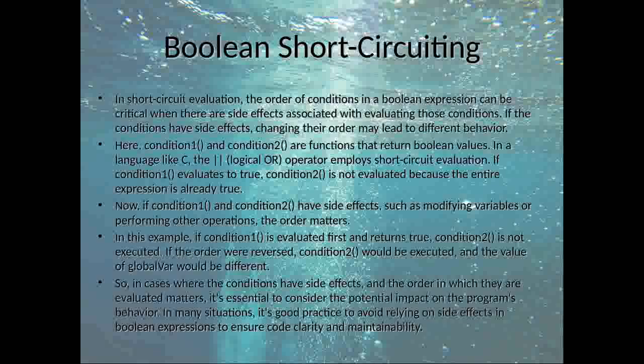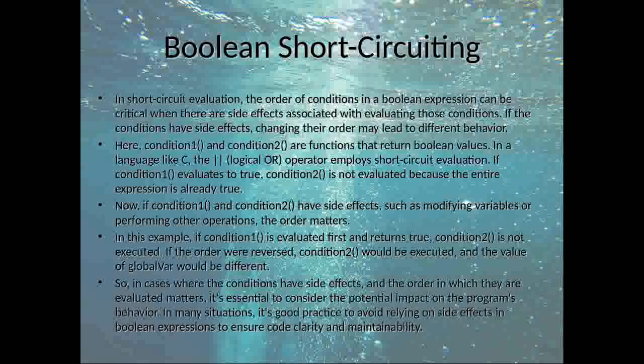However, the order in which this would happen in a Boolean expression is critical because, remember, it will only evaluate up to the point where it finds a false, in which case it skips all of the rest of the evaluations. So in this previous code example, condition 1 and condition 2 are functions which return Boolean values. And if condition 1 evaluates as true, condition 2 is not evaluated at all.